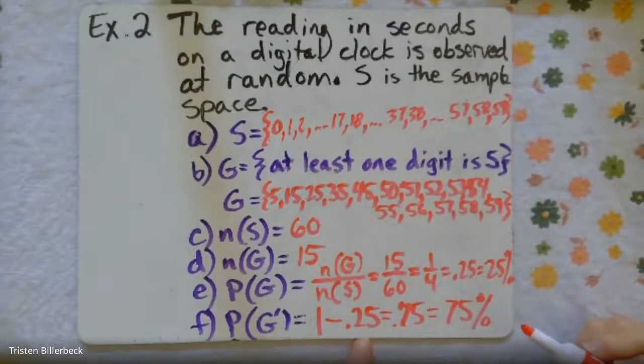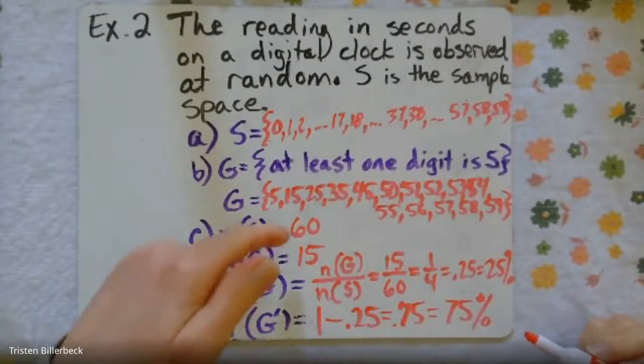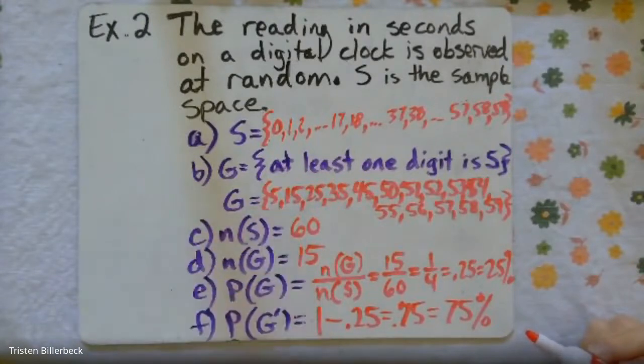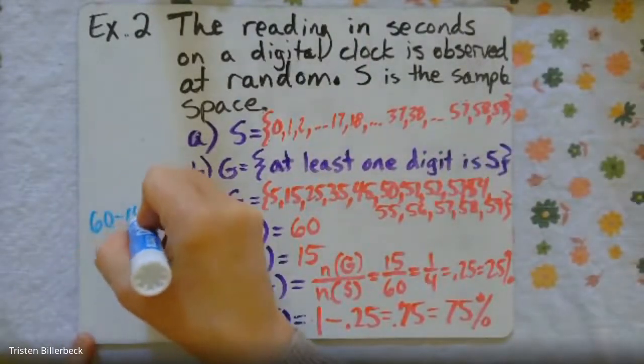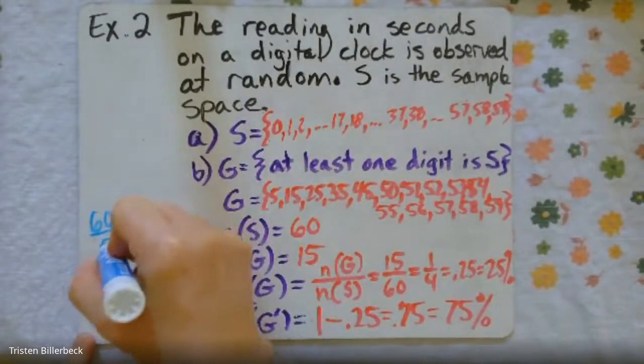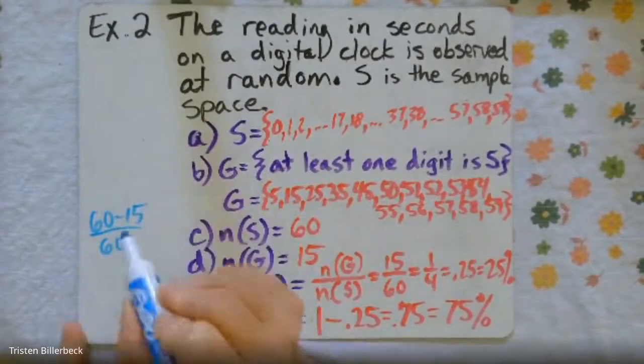Now, if we didn't know this rule, we would just be subtracting 60 minus 15. Well, 60 minus 15 is 45. So we would write this, okay?